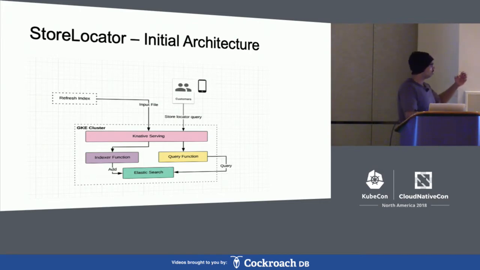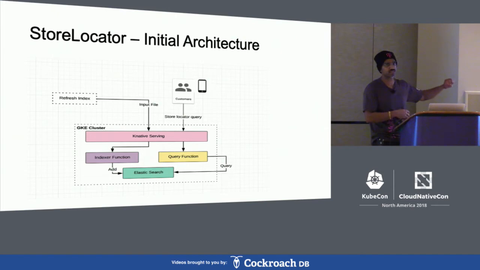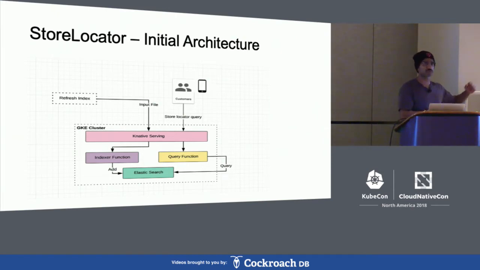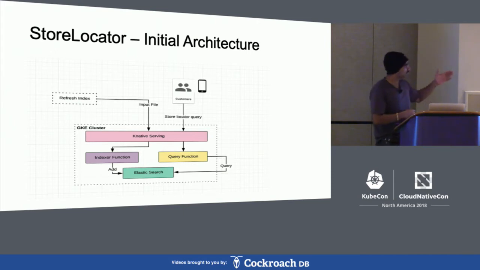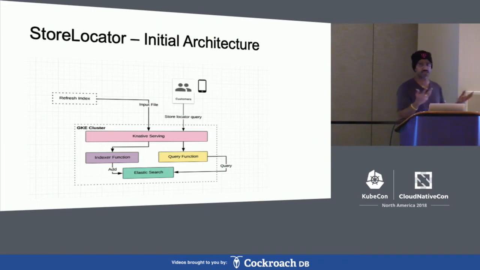It takes that file and puts it into an Elasticsearch index, which is then queryable through the query service, right? And that's the service that our mobile application calls into. This is pretty much the exact same architecture as the current service running in production, the Spring Boot application. We just took that and converted it into serverless Knative services, right?